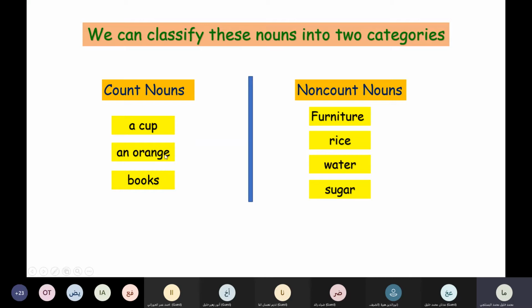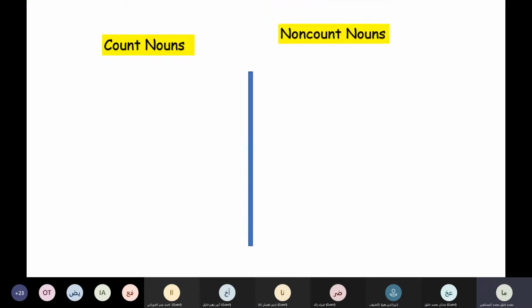So here we have countable nouns and non-count, uncountable nouns. A cup, cups. An orange, oranges. A book, books. But you realize here the non-count noun does not take what? S. They have one form. Okay, look at the rules. I think all of you know the rules.